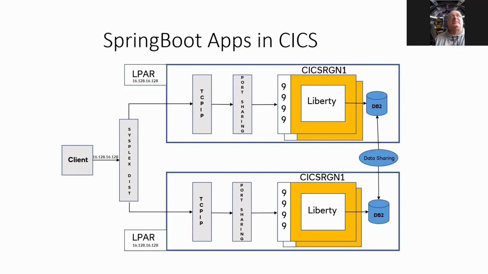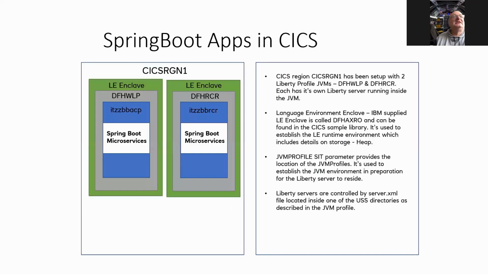Here's a typical setup. I've nicked this slide from somebody and renamed all the LPARs and the CICS regions to protect the innocent. I even changed the port numbers and TCP/IP addresses. What is it like in the CICS region? Well, we're running some JVMs, LE enclaves that you might be familiar with.